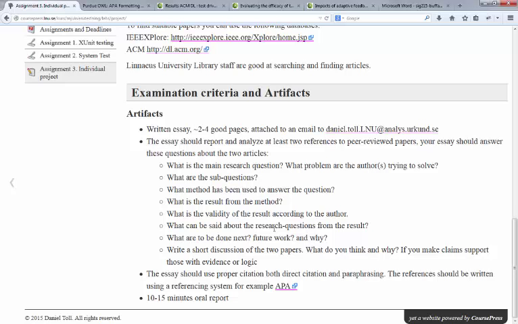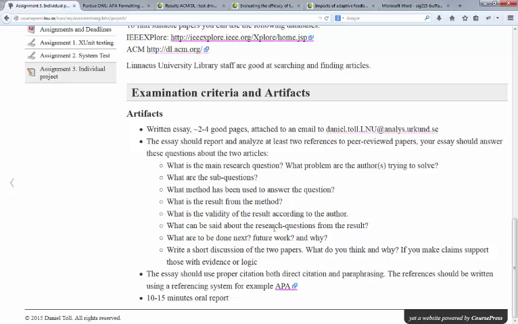It might be that you're aiming for a high grade. To ensure that you do a good job, you look at 5 articles, and you compare these, and you see if they have the same question or are working on different things, and you compare the results. The more advanced you make this, the better.